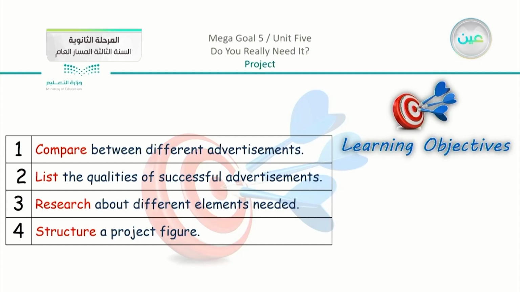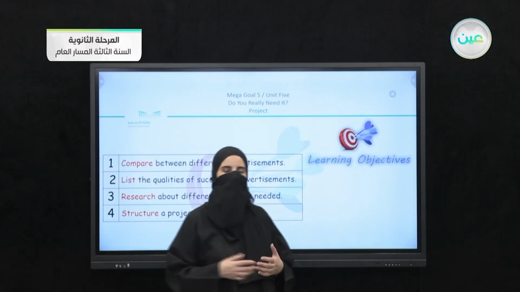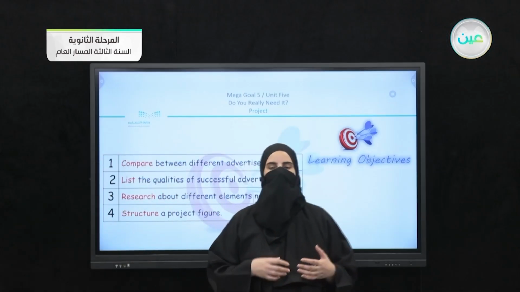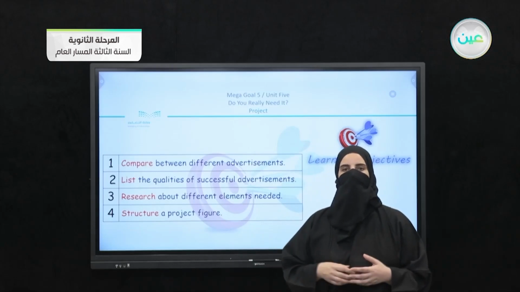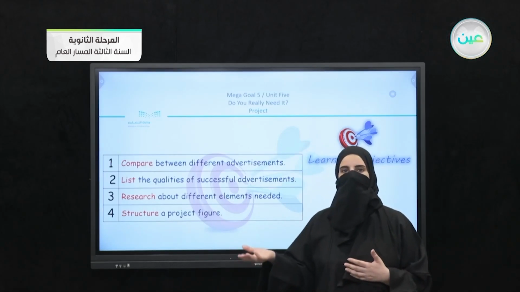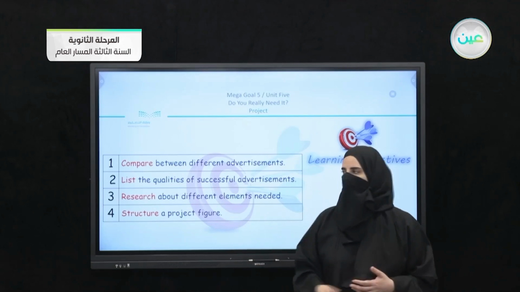Number 4, structure a project figure. So now we have the idea that we are going to make a project. We are going to think about a kind of project that we are already interested in, and maybe we have seen an advertisement for it and we're going to advertise it in another way. So we're going to start.